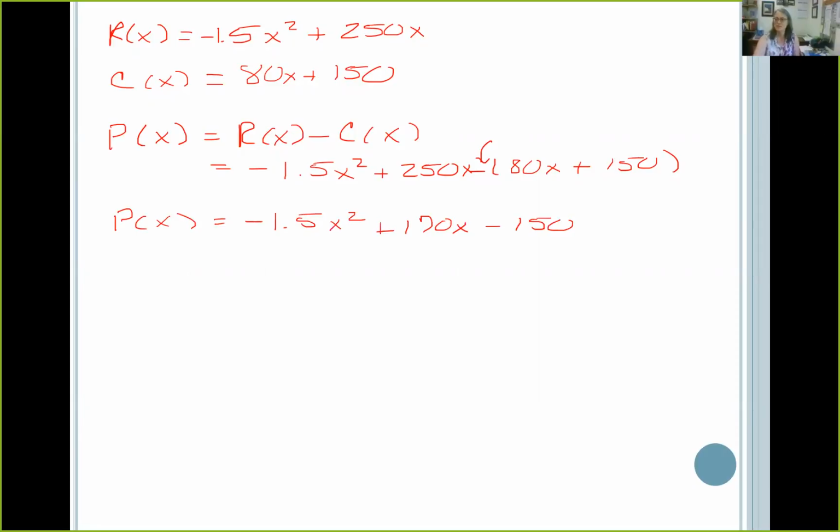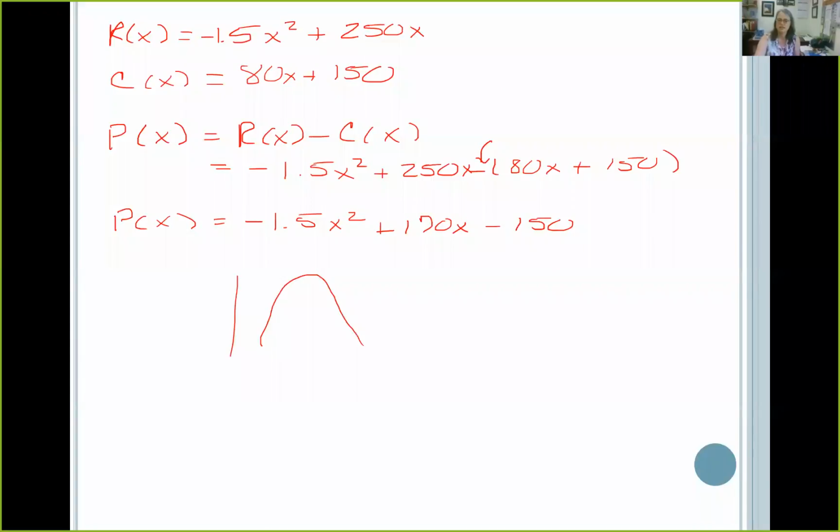Now, what shape is that going to make if I graph it? It's going to make a parabola, right? And specifically, a parabola that opens down. So what's that tell us? It tells us that there's a maximum. This function looks something like this.